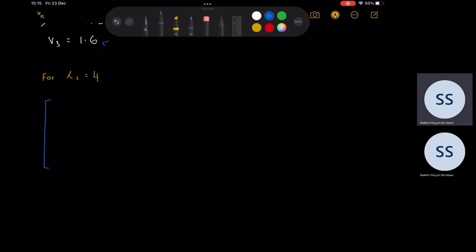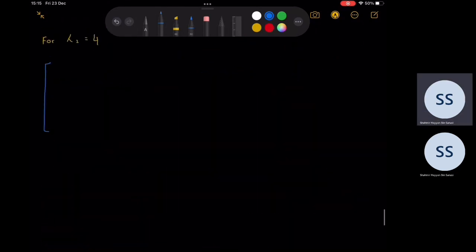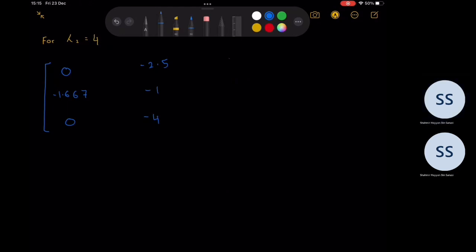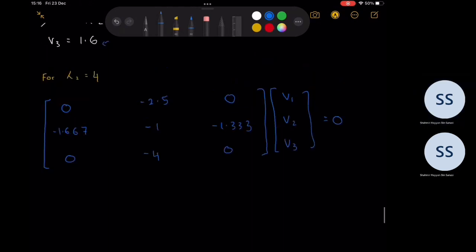If I replace back lambda 2 equals 4 in this matrix, what I'll get is 0, negative 1.667, 0, negative 2.5, negative 1, negative 4, 0, negative 1.333, 0, times V1, V2, V3 equals 0. Remember, 3 degrees of freedom, so we're going to normalize V1 as 1. V1 will be 1.